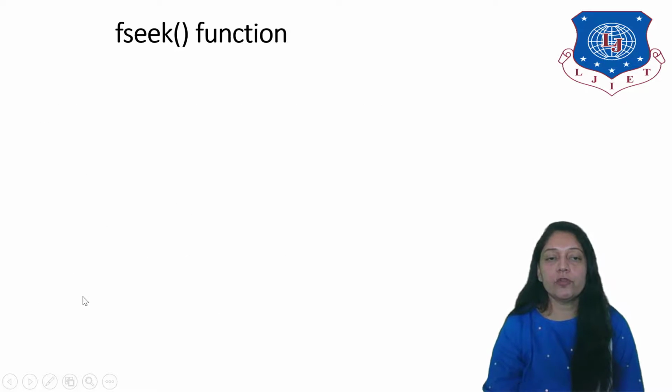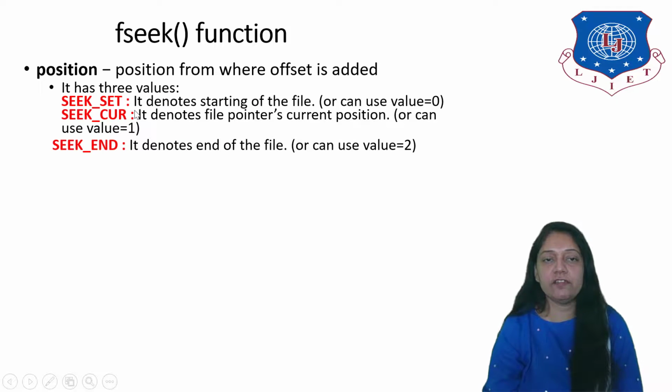For the position value, use any of these three values. SEEK_SET, all in capital letters, denotes putting the file pointer at the start of the file, or instead of SEEK_SET, you can also write the integer value 0.